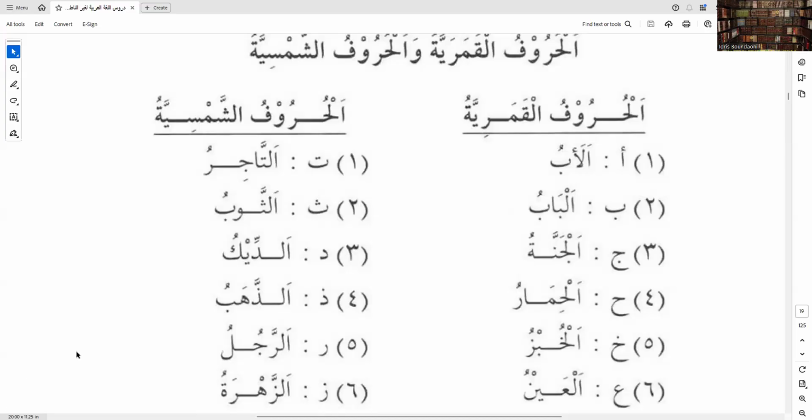The word thawbun can also mean many different kinds of things in Lughat al-Arabiyya, but here what interests us is thawb. Anything you wear is thawb. Anything that you can wear to cover your body, meaning the entire body, is thawb.